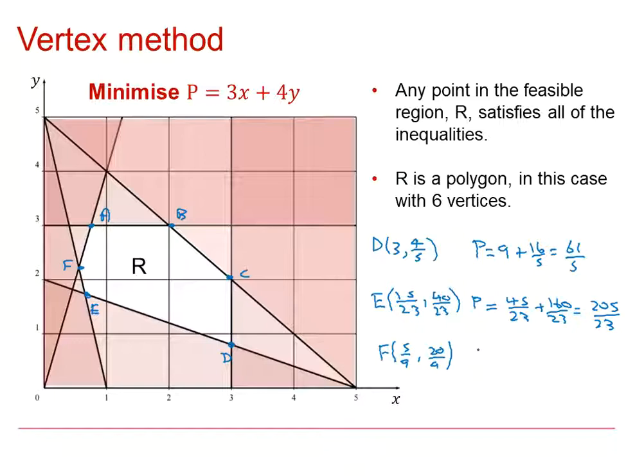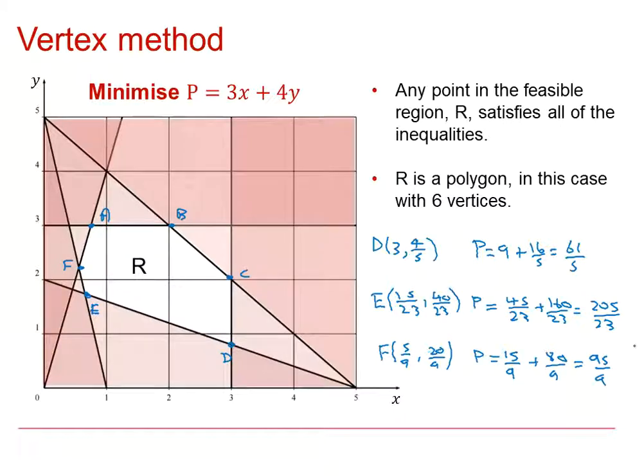And lastly, at F, P is 3 times the x coordinate and 4 times the y coordinate, which is 95/9. And again, I would do A, B, C in the exam, so I had a full set.